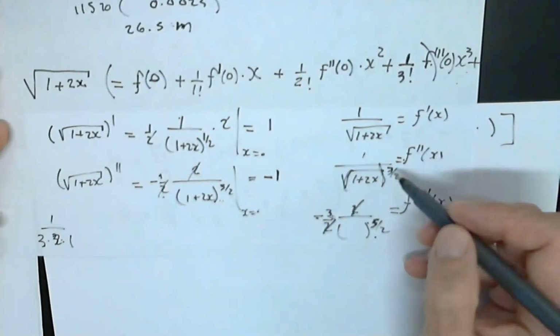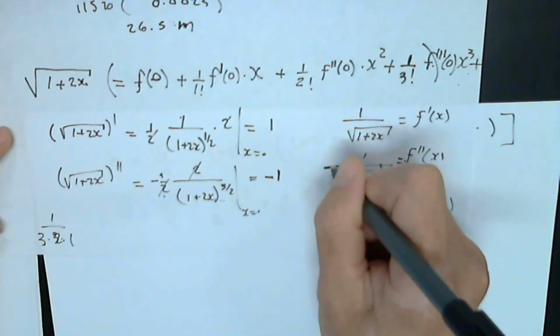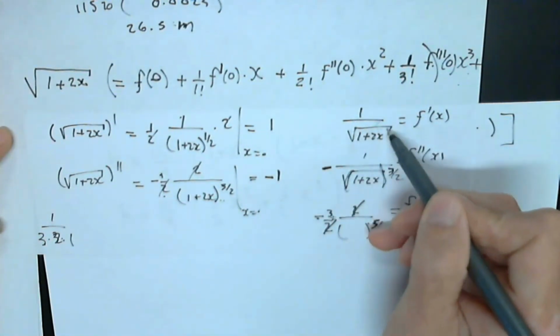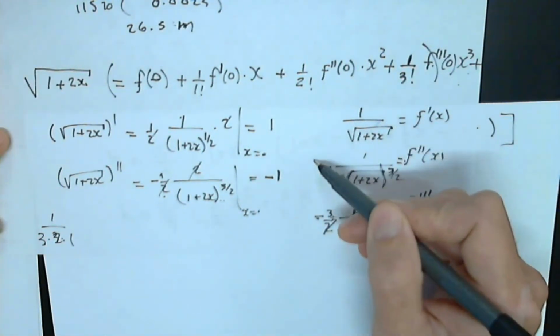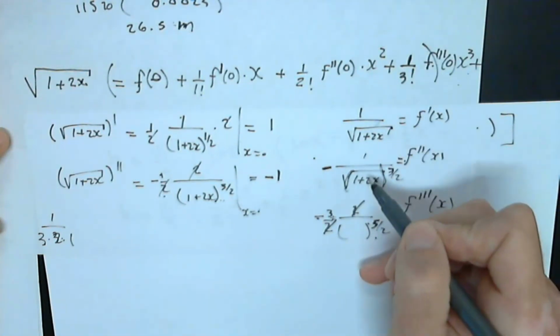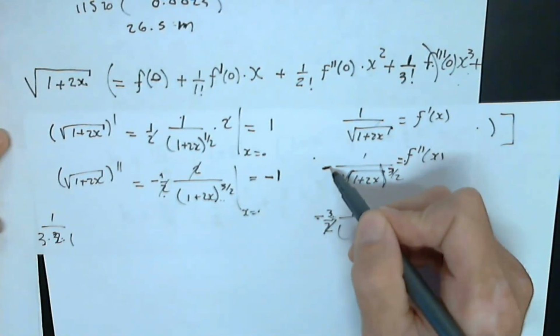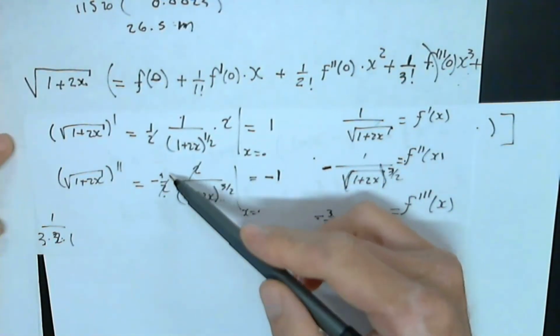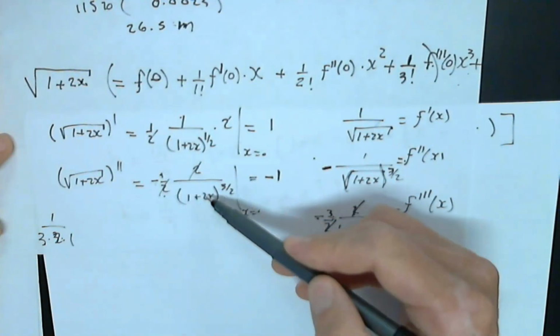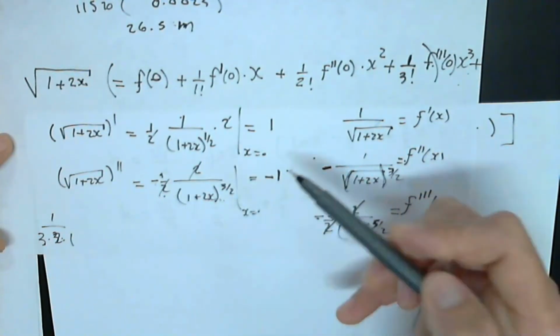Okay, this second derivative over here is negative because this is negative 1/2. It goes to the front. And yes, the derivative of 2x is 2 and cancels the half, but you still have it negative. That's why I put it over here, negative. And at x equals 0, you get negative 1.